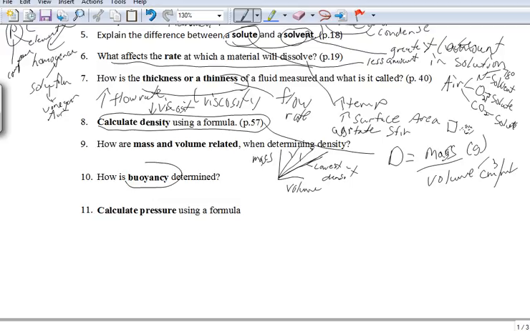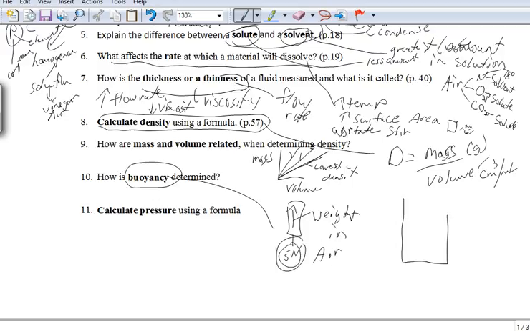How is buoyancy determined? There's a couple ways that we can determine buoyancy. One way is to take a force meter, hang an object from the force meter. The force meter will record its weight in air. Let's say that's 5 newtons for this object in air.